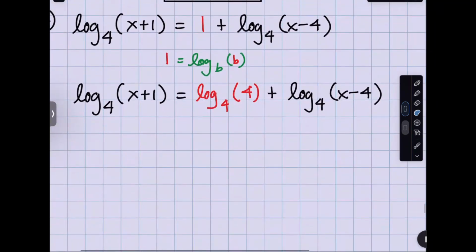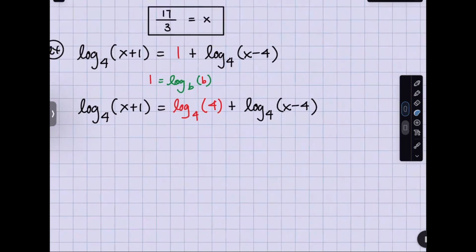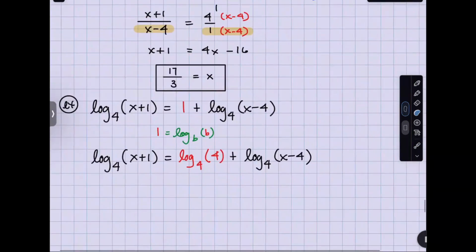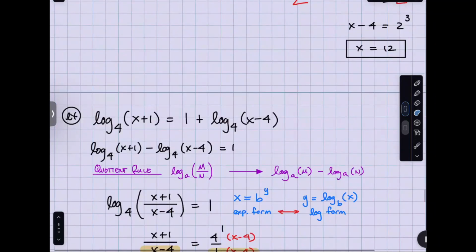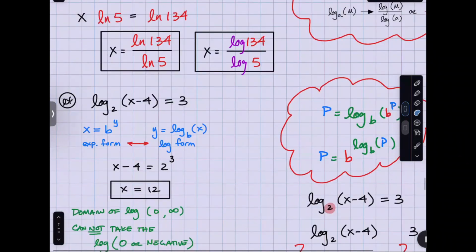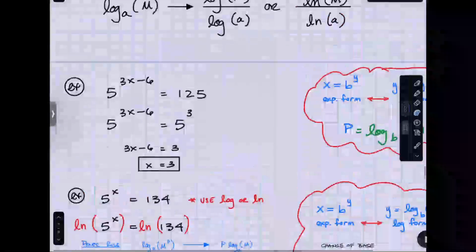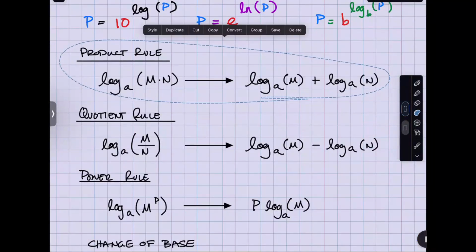So I'm replacing the 1 as this, because log base 4 of 4 is 1. Agreed? What rule do I have on the right side of the equation? Starts with a P. Product rule. Yes, product rule.